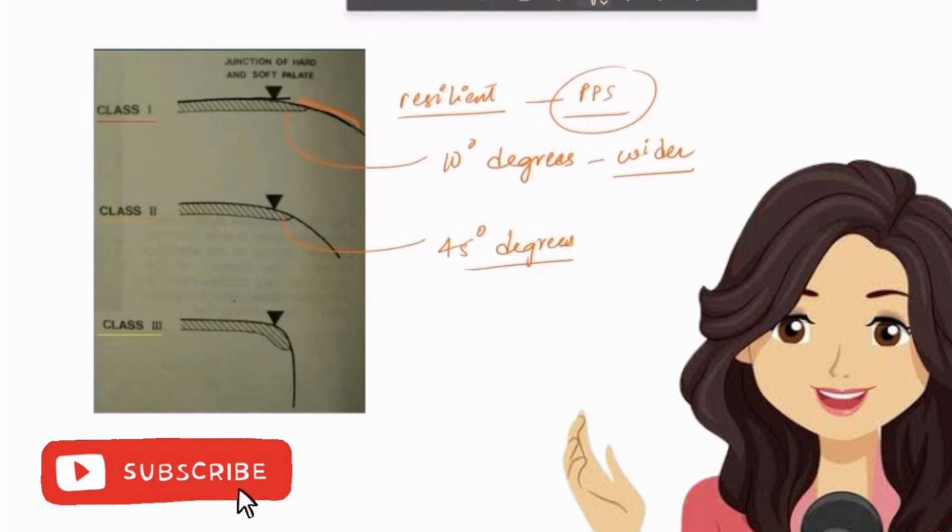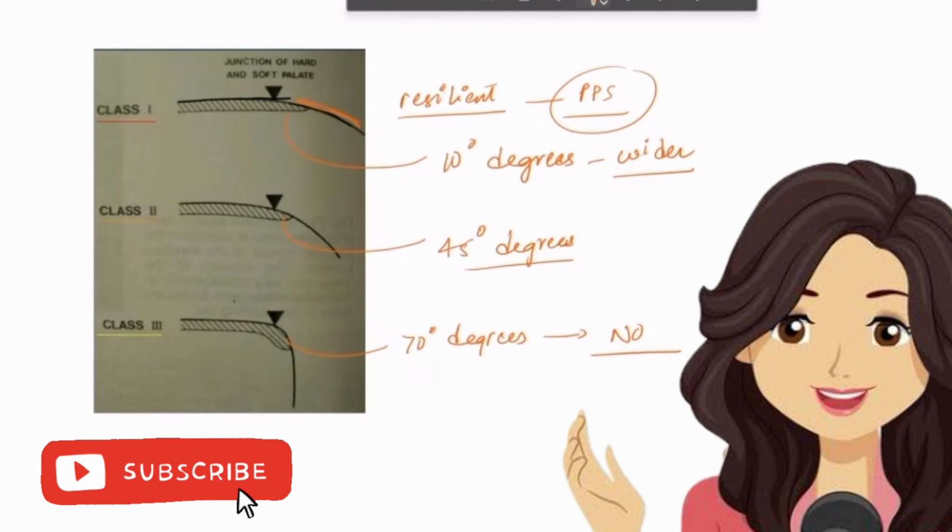But if there is a sudden fall of soft palate at 70 degrees, then you get almost no area for damping. Now, clinically, you cannot take any instrument there and measure the correct angle. So it is very easy to identify class 1 because it is relatively horizontal, and it is easy to identify class 3, which is a sudden drop.